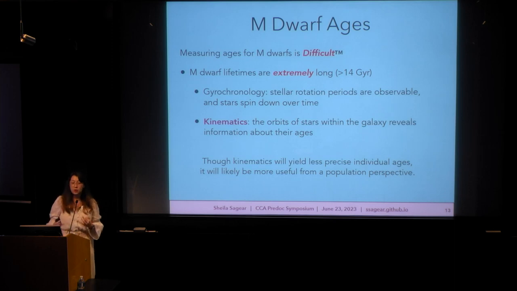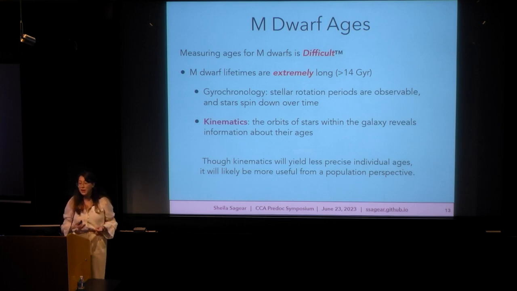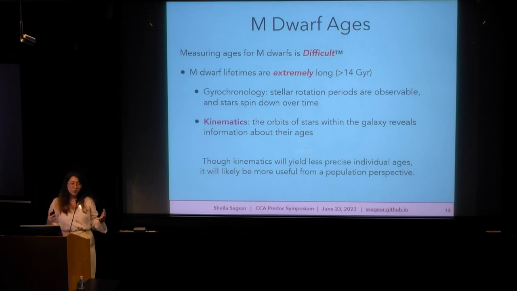And drawing the orbit of a star throughout the galaxy reveals a lot about the star, including its age. So we're really focusing on kinematics throughout this project, though this will almost certainly yield less precise individual ages for each star. It will likely be more useful from a population perspective because we have so much more kinematics data than time series light curves for M-dwarfs.